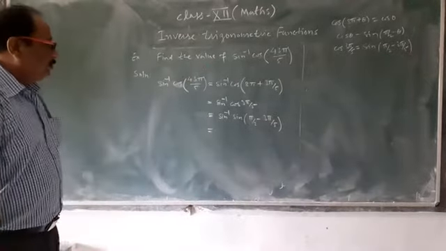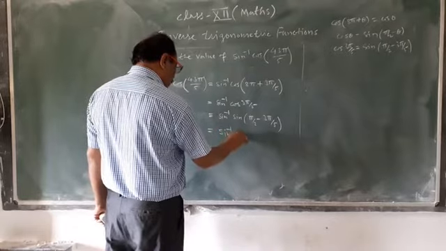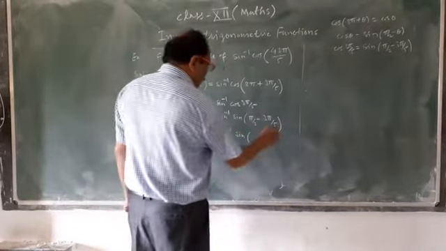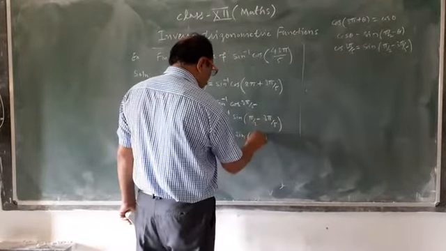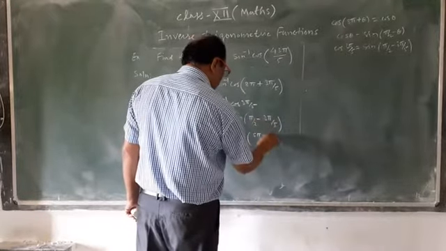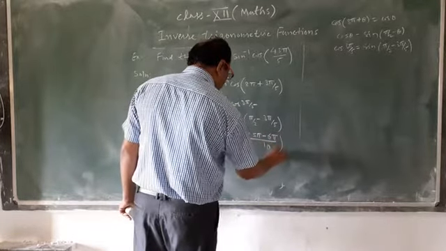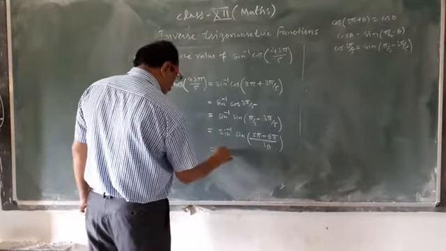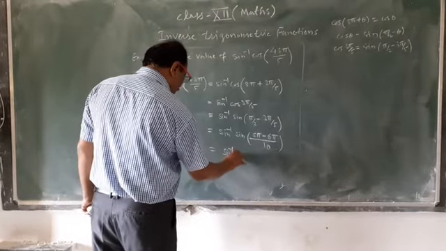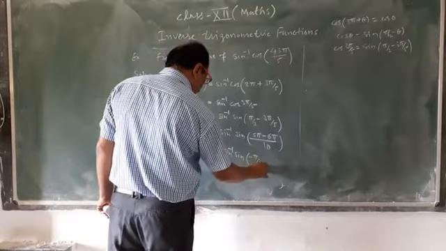That is equal to sin inverse of sin of, that is pi into 5 minus pi 3 into 2, that is 5 pi minus 6 pi upon 2 into 5, that is 10. It is equal to sin inverse of sin of minus pi upon 10.